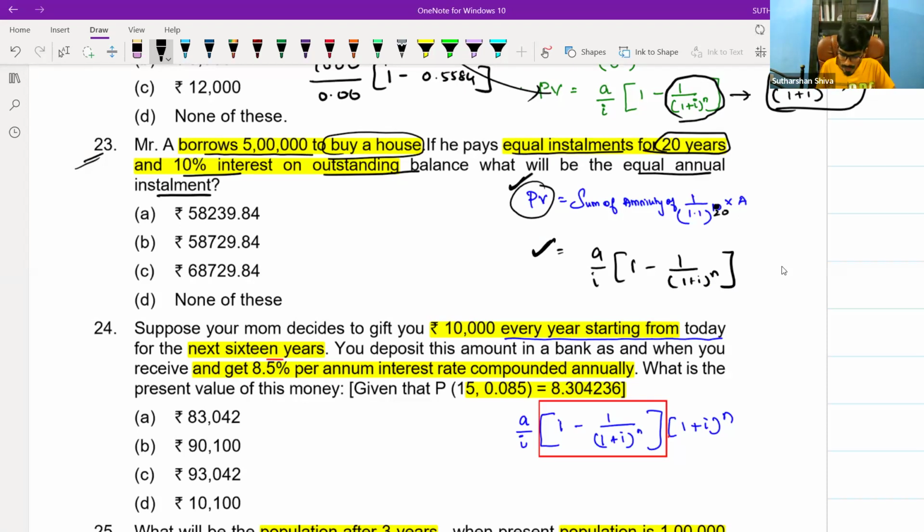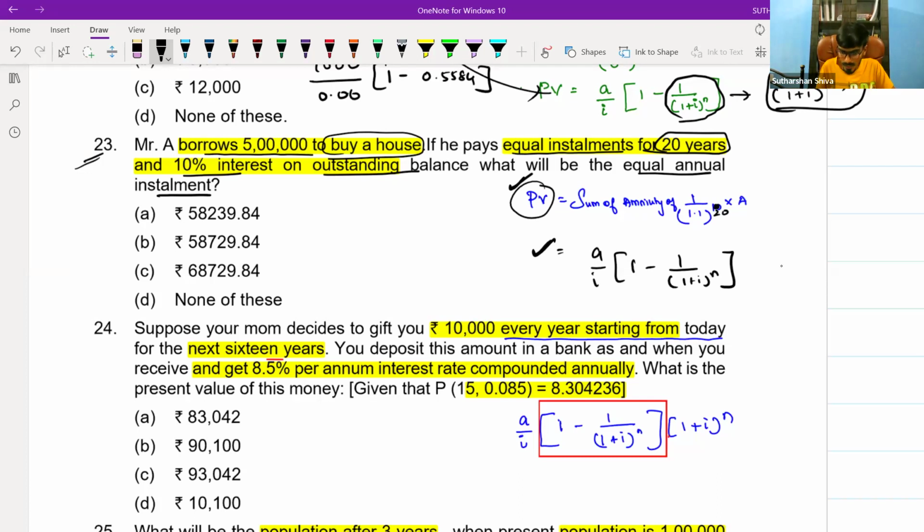I will take my calculator and do 1.1 into equal to for 20 times, by equal to, 0.1. Up to 21 times you will press it on the calculator.